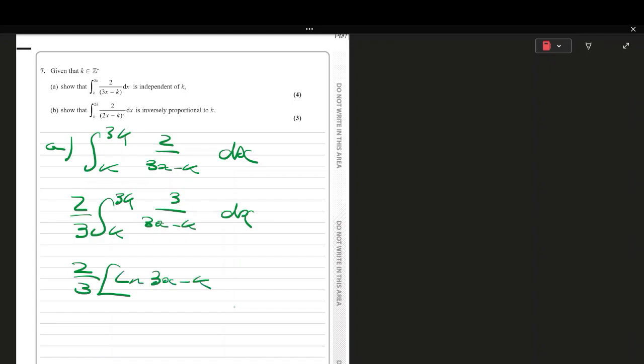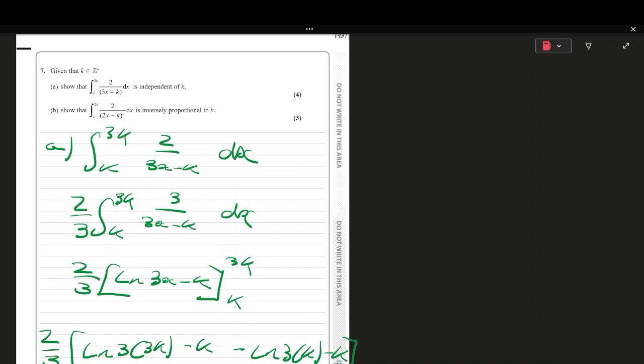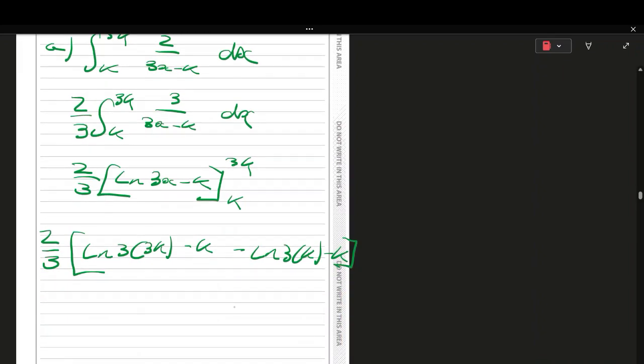So it will look like this: 2 over 3 ln of (3x minus k) with limits 3k, k. So then, putting this fully, we get ln of (3 times 3k minus k), minus ln of (3 times k minus k). And this is the same as writing 2 over 3 times (ln 8k minus ln 2k).